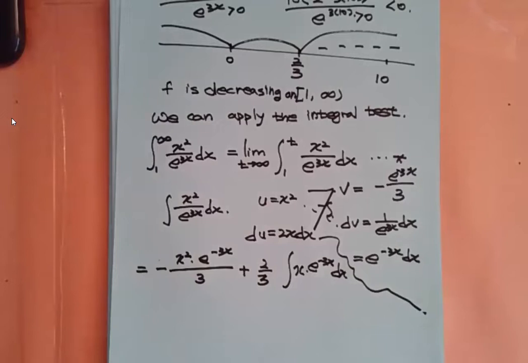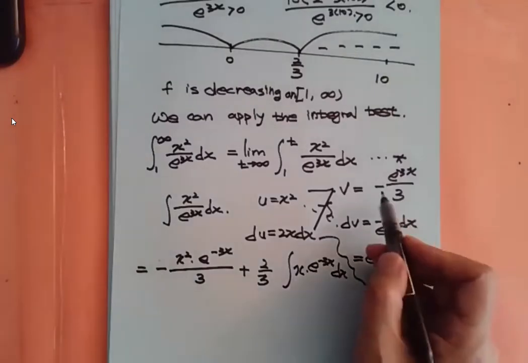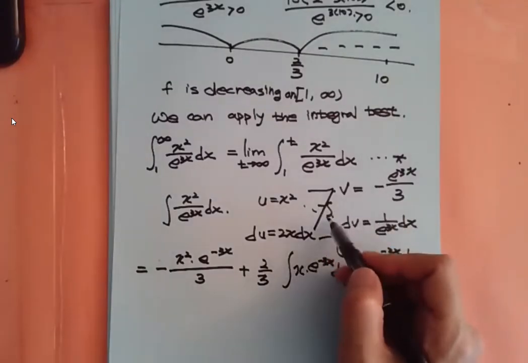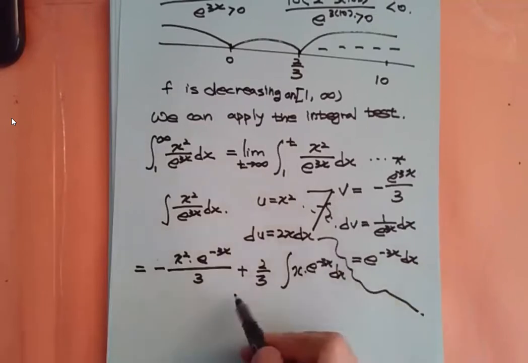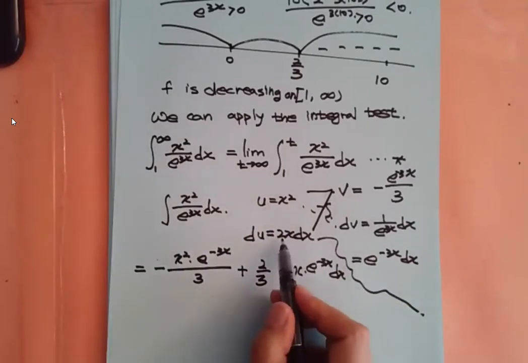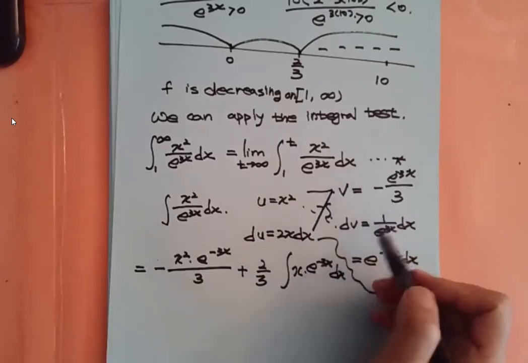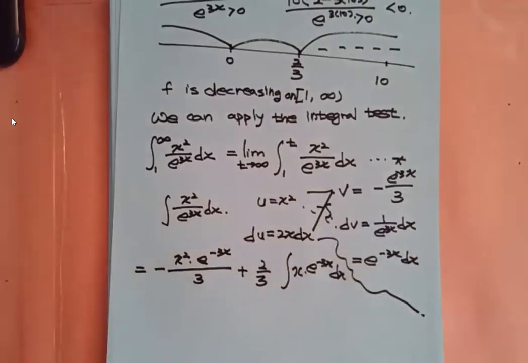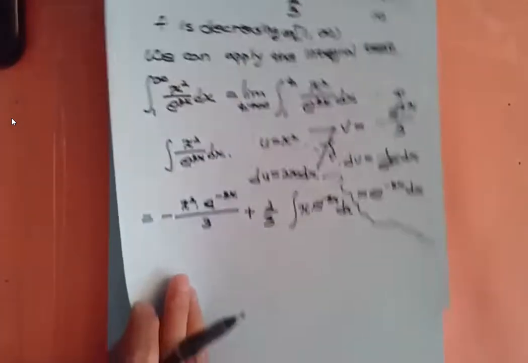So I skipped some steps, so you can ask me a question. Of course, so this is minus integration, minus will make plus, and so plus is in the middle, and 2/3, right? And I put that out of the integration.